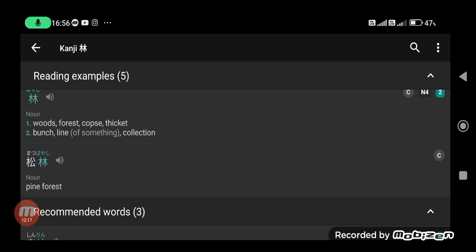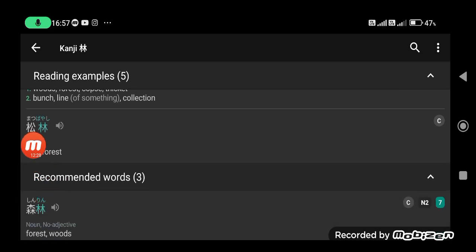How about this? Matsubayashi is pine forest, because the first kanji here, matsu, means pine. So pine plus hayashi, forest or woods.